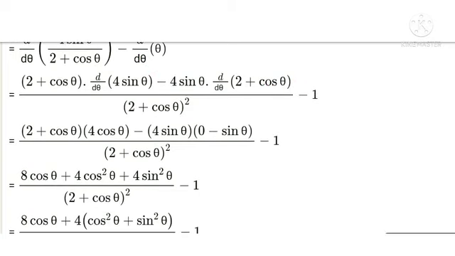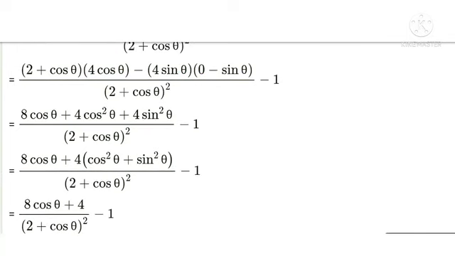So here (2 plus cos theta) as it is, 4 constant term as it is, derivative of sin theta is cos theta, minus 4 sin theta as it is, derivative of constant term is 0 and derivative of cos theta is minus sin theta, upon (2 plus cos theta) square.